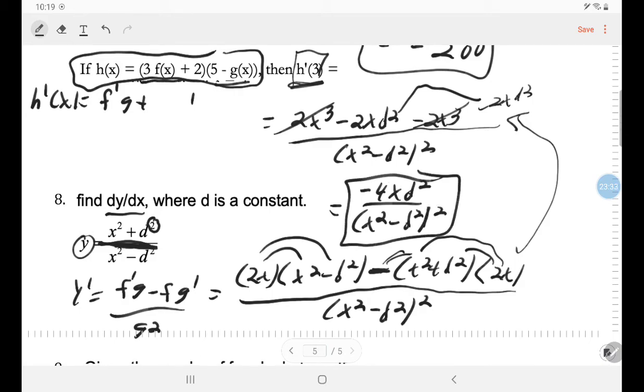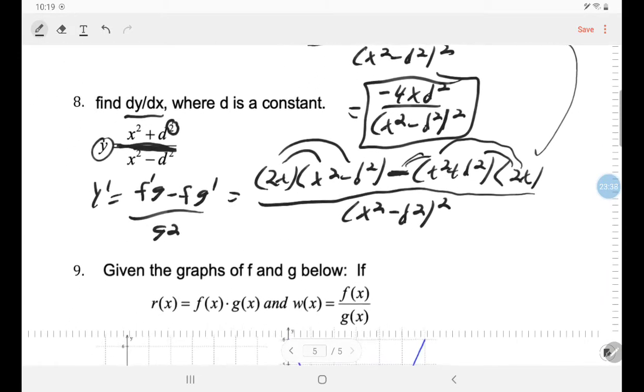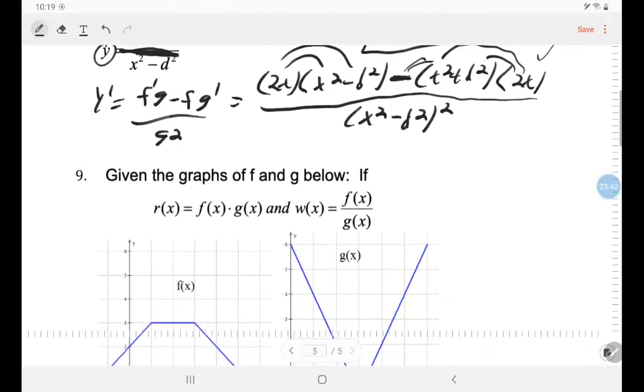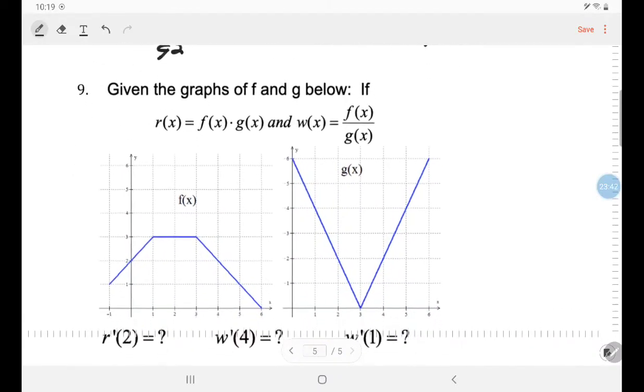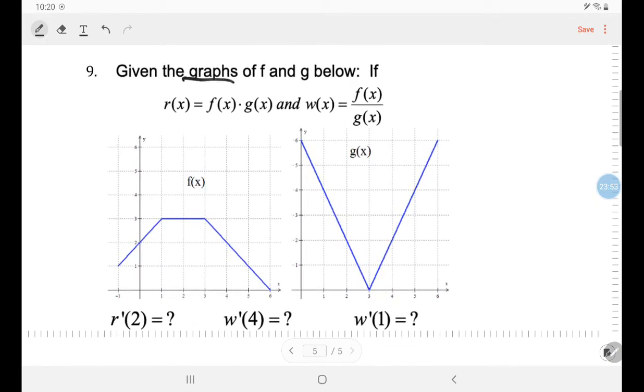Easy peasy. So, like I said, I am a huge fan of multiple representations: tables, equations, verbal descriptions, and yes, I can do product rules, quotient rules, whatever, with graphs as well.